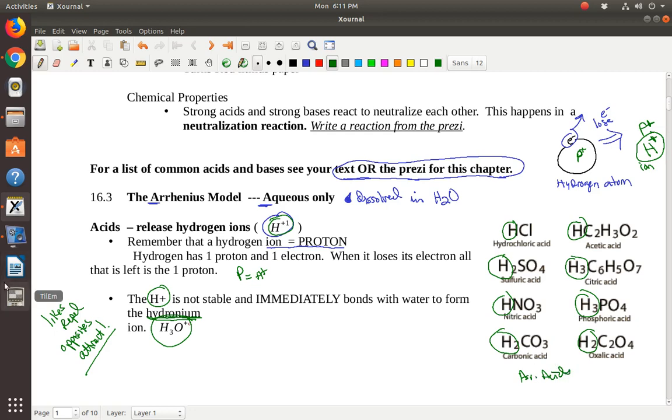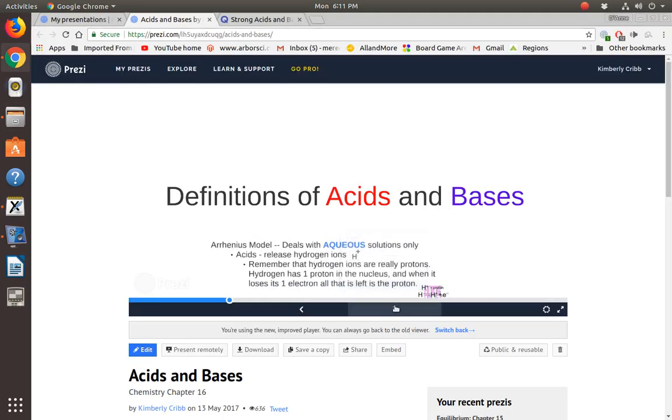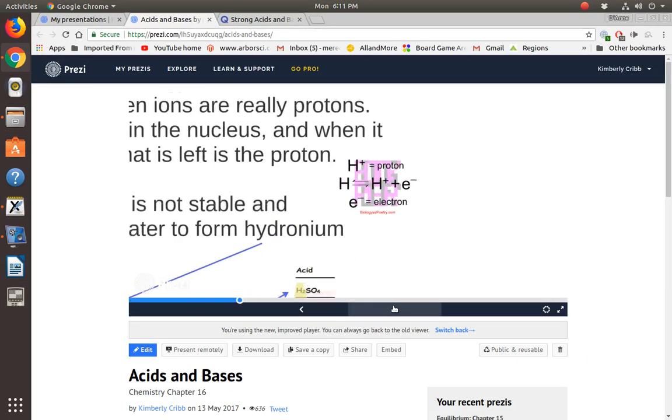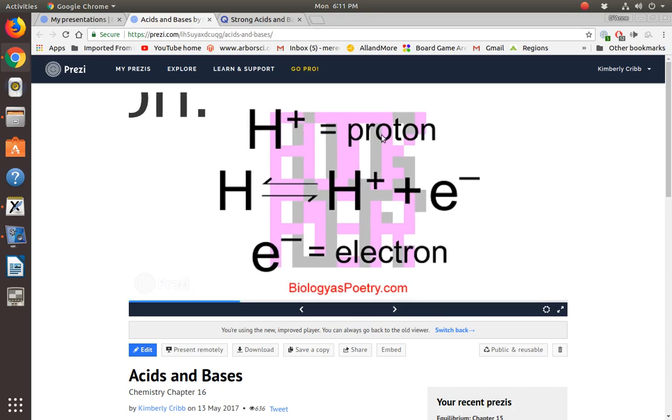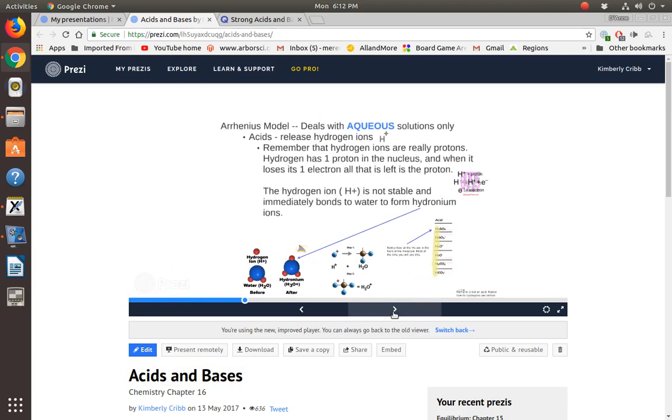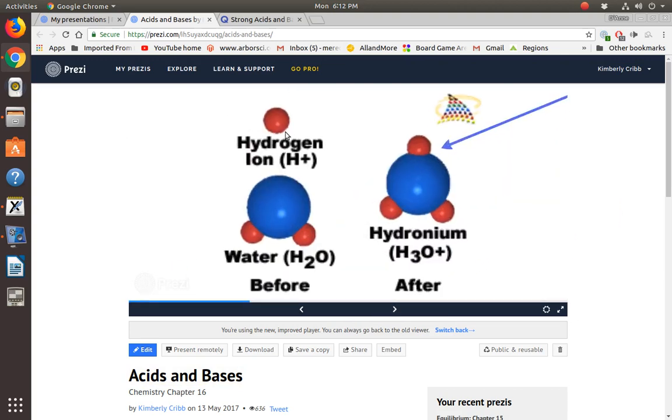Okay, I'm going to go back to the Prezi for a moment. Here I'm showing you that the hydrogen ion is a proton, that the neutral hydrogen becomes a hydrogen ion plus an electron. The e minus sign is the symbol for an electron. Here's the hydrogen ion joining to water.